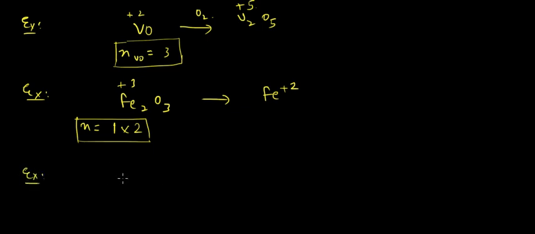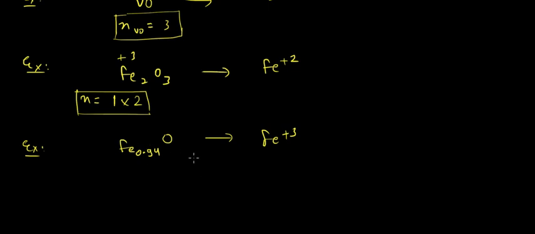Next we have Fe0.94O, 0.94 atoms of Fe combined with 1 atom of oxygen, or we could replace the term atom with mole, getting converted into Fe+3. So what is the oxidation state of Fe here?